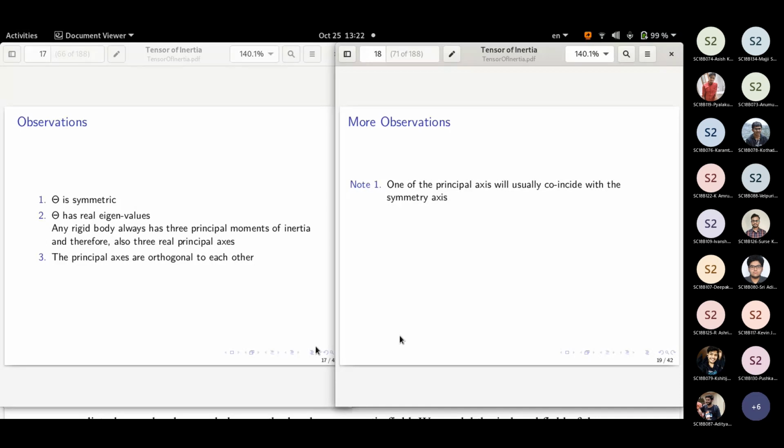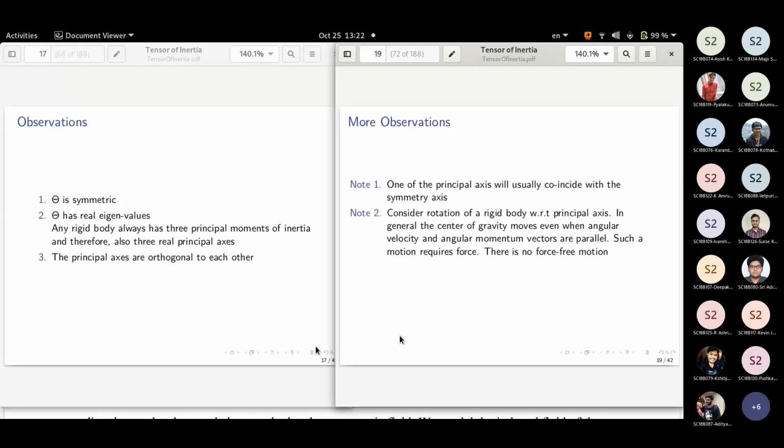It also coincides with the symmetry axis. If you consider the rotation of a rigid body with respect to a principal axis, in general, the center of gravity or the center of mass will move even when the angular velocity or the angular momentum vectors are parallel. Such a motion will require force. So there is no force-free motion in the general motion of a rigid body.